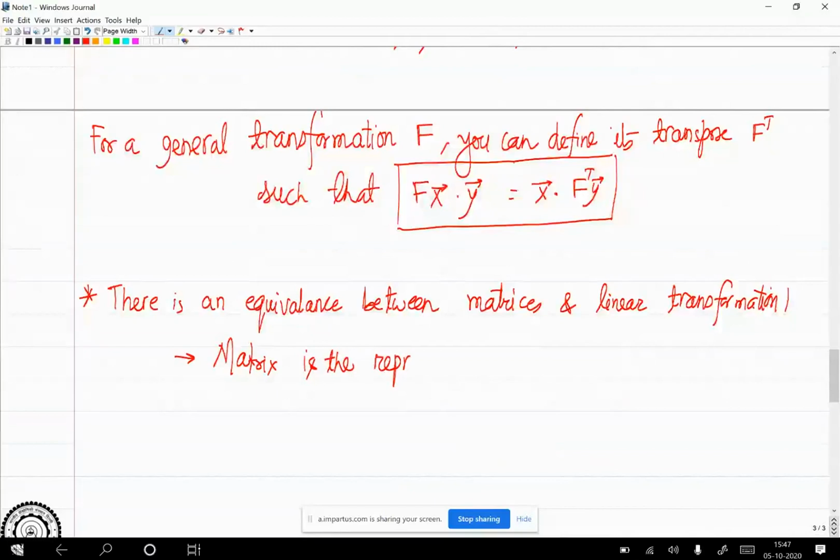So it changes from one coordinate system to the other. Same thing here: a matrix is the representation of a linear transformation.